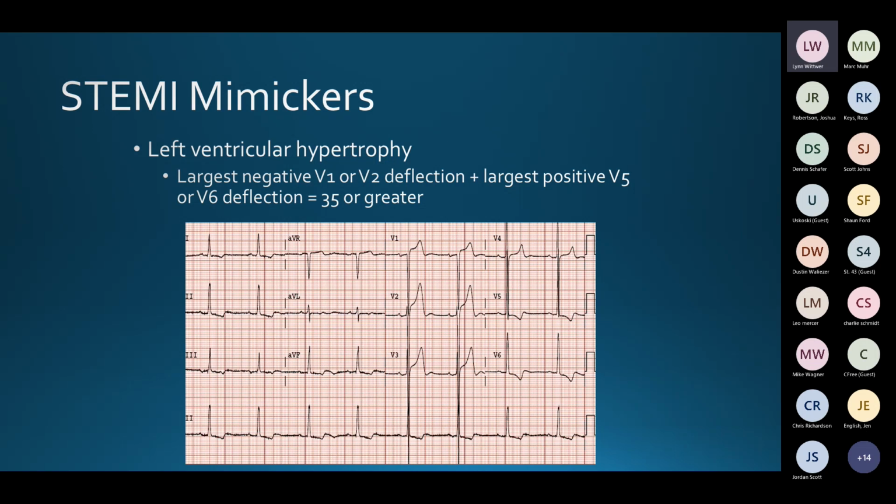what you do is put the largest negative deflection in either V1 or V2, add that to the largest positive deflection in either V5 or V6. So V1 goes with V5, V2 goes with V6. You add them together, and if they're greater than 35, then that's EKG evidence of left ventricular hypertrophy.